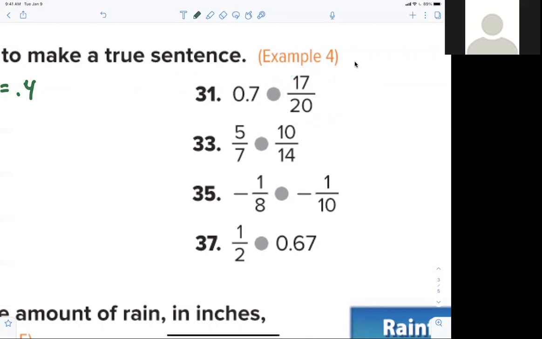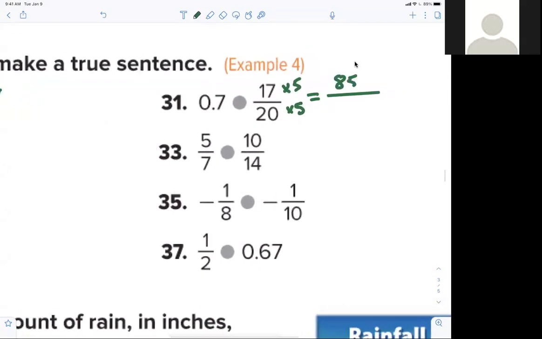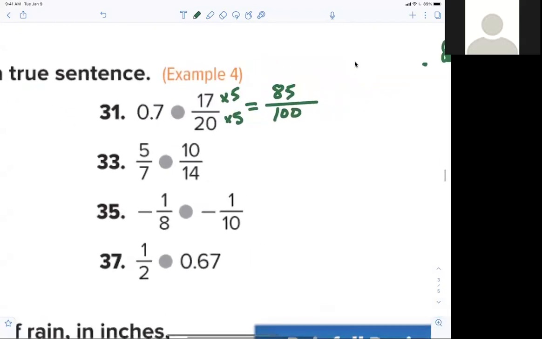So I'm going to wait for you to tell me what multiplying by 5 converts to. What's 17 times 5? 85, 100. That's correct. So what decimal is that? 0.85.